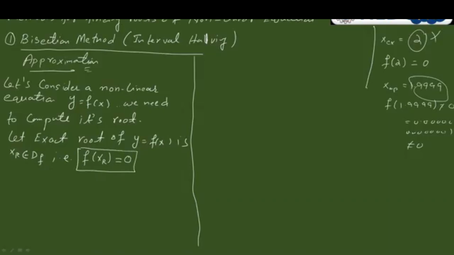So what we are doing now, I have to draw a graph. It is not a lengthy derivation, it is very simple, but we need to understand it in the form of a graph. This is the equation for which I have to find the root, but I do not know how to do that. So I am just plotting the graph of the equation.